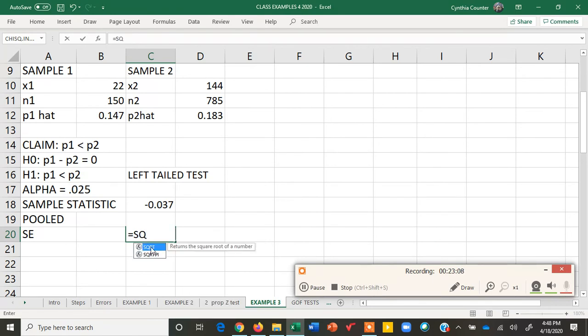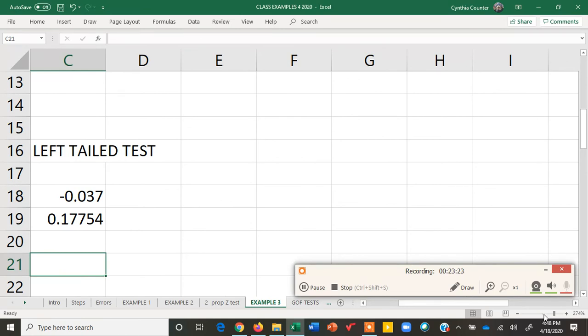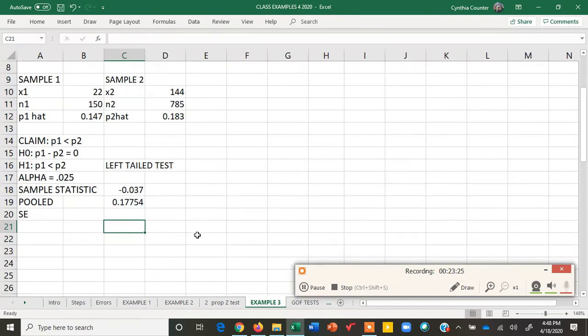So we want the square root of pooled. I want to be able to just click and not have to type that every time. So let me change the size and see. Ooh, that's way too big. Let's see if I can change this a little bit so that when I click on one cell, it doesn't hide the other one.